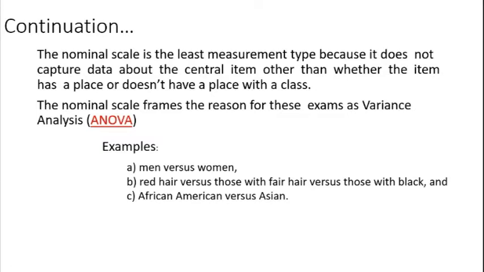Is there a significant difference between men versus women in terms of, let's say, basketball performance? Is there a significant difference between the IQ level of people with red hair versus those with fair hair versus those with black hair? And is there a significant difference between the performance of athletes if they are African American versus Asian athletes?